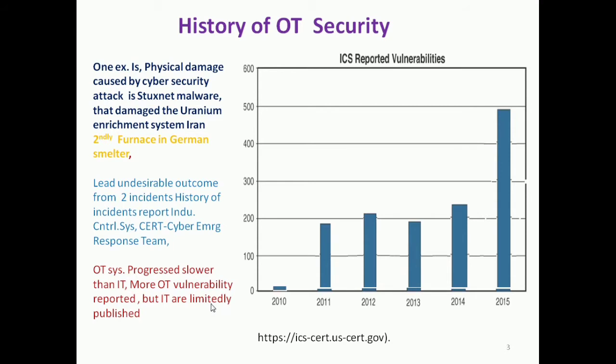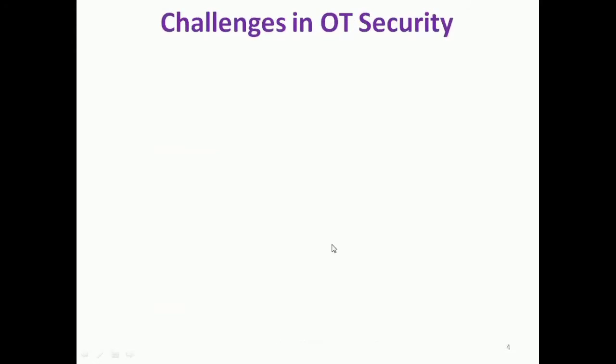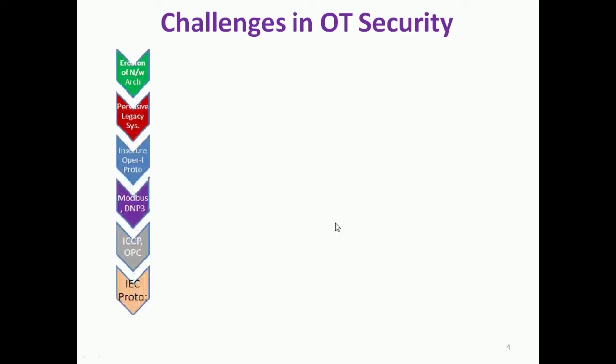There might be a tremendous number of reports related to IT that are not brought to light. More of the vulnerabilities of operation technology are brought to light because IT incidents happen frequently, while OT incidents may not. So that may be a reason they are brought to light. After the history discussion, let us see the challenges in operation technology security.